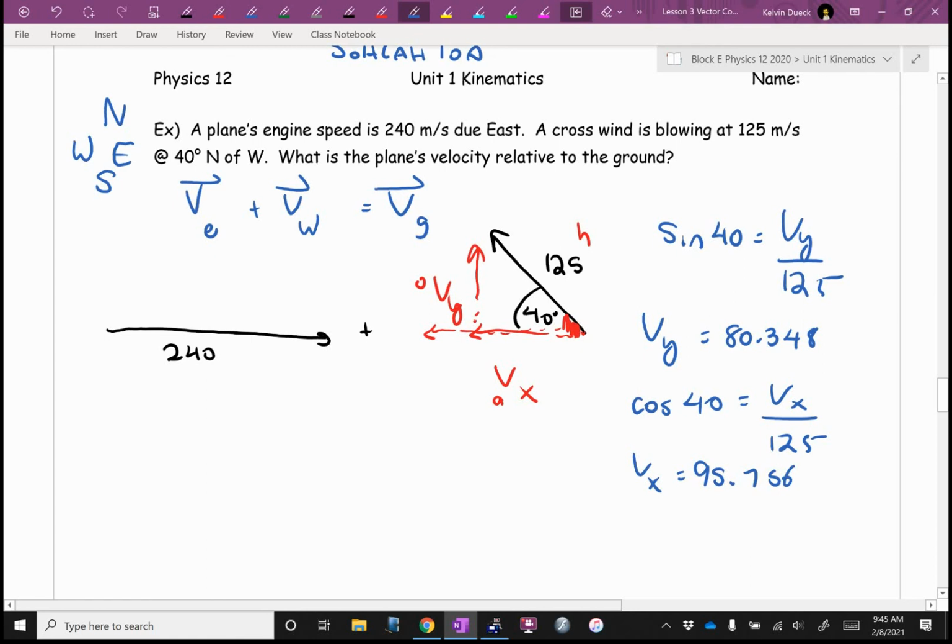So now let's redraw this, but we're going to break it into 3 vectors. I'm going to put a little equal sign to say, here's my new equation. I'm going to argue there's still a 240, but pointing upwards, there's an 80.348, and pointing to the left or west, there's a 95.756.